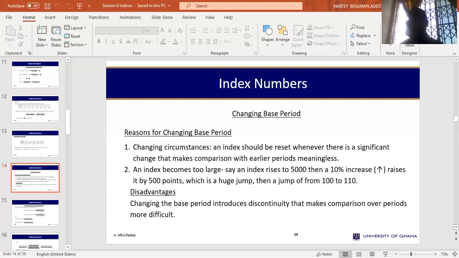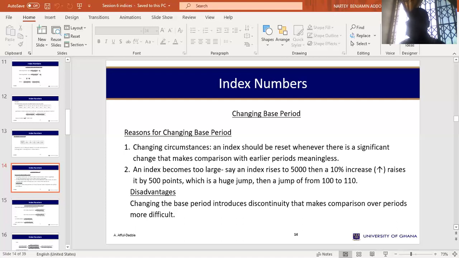Then a jump from 100 to 110. You see, when you compare, a 10% increase in 5,000 will be that of 500. But a 10% increase in 100 will be just 10.